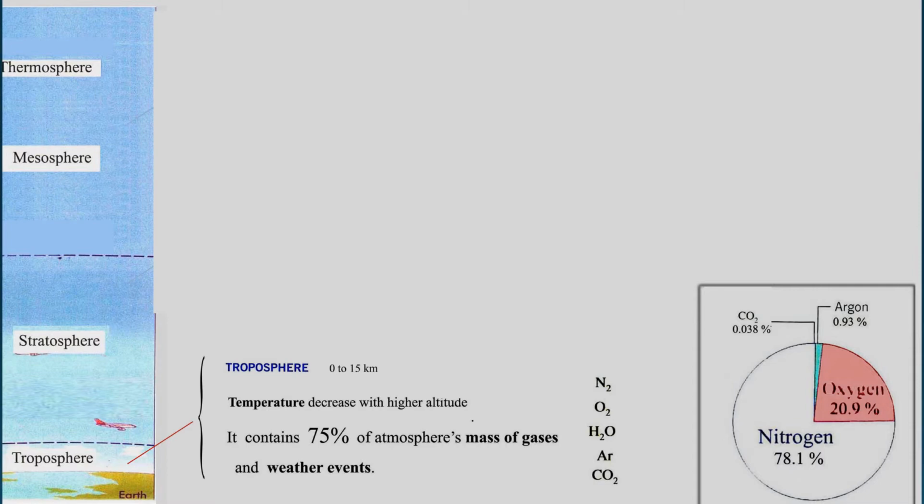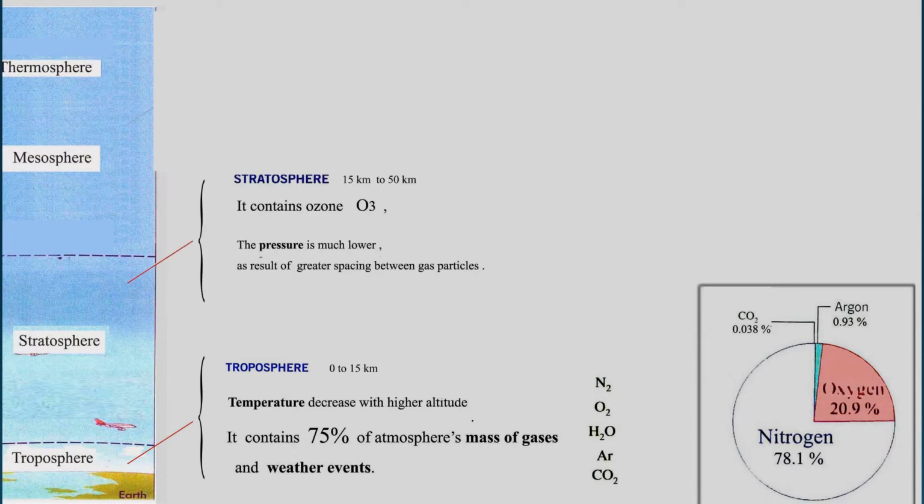For the remainder, you look at the sky, you see some cloud, water vapor, water, and you will have 1% of argon and a tiny bit of carbon dioxide. So carbon dioxide is at a very low percentage. Please know the main component gases: oxygen and nitrogen.